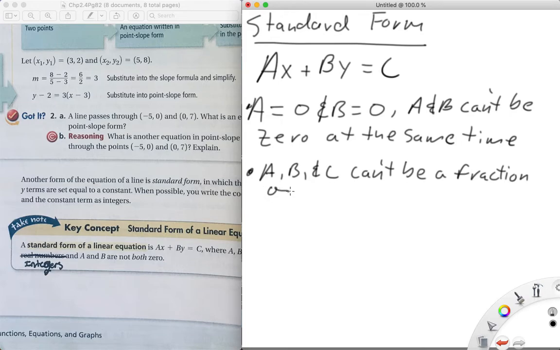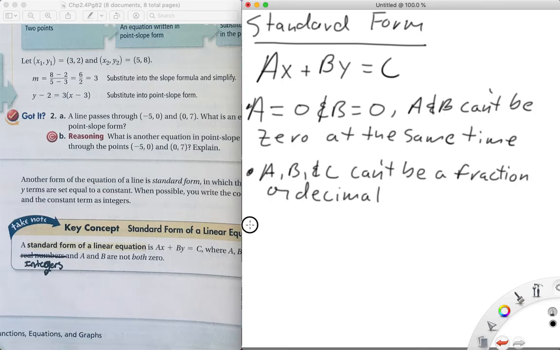Now, there's going to be an example in the book where it is, and I would ask you to disregard that. I've never seen it with a decimal before, or a fraction. A, B, and C can't be fractions or decimals, so they have to be basically whole numbers, hence integers.